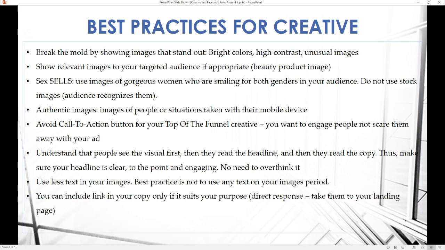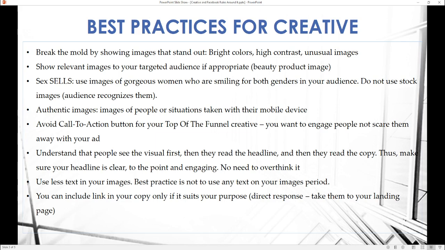It puts the audience off, because the audience recognizes that these are stock photos, and it just creates that cold barrier between whatever it is that you're trying to get them to do and the audience, and they really do not want to engage with you. So make sure that you never use stock photos of people.